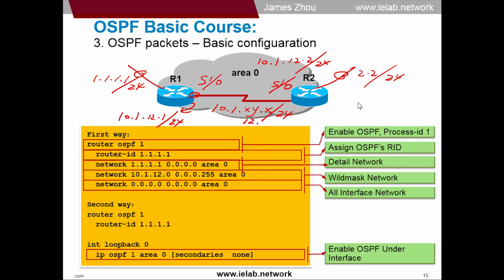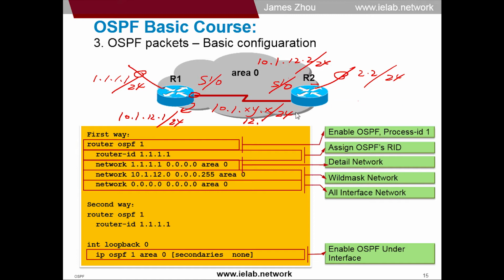Later, if R2 connects to R3, the link IP address is 10.1.23, here 2 and here 3, /24. This is an example; later we use this.